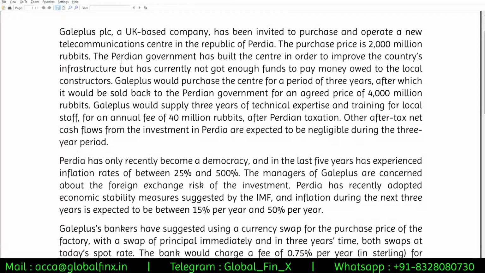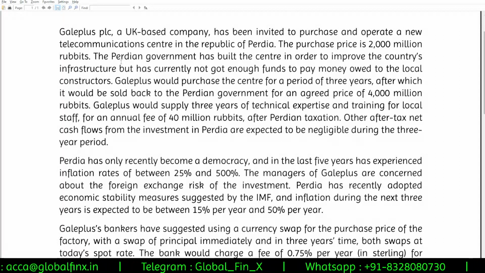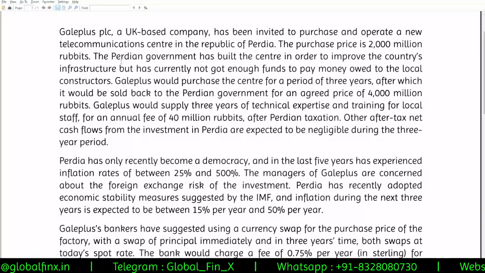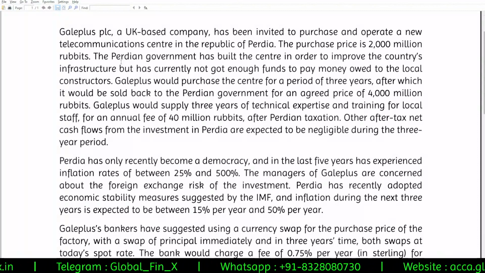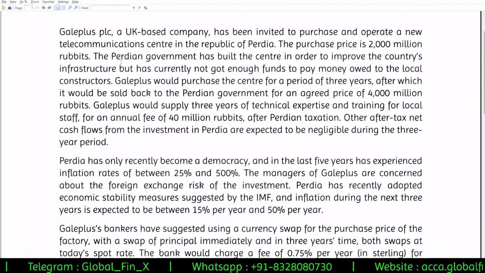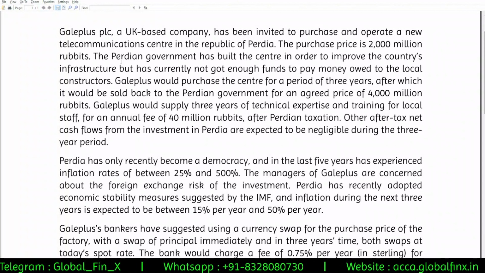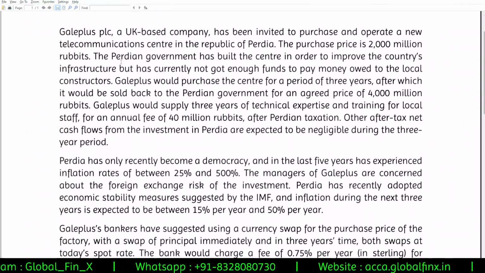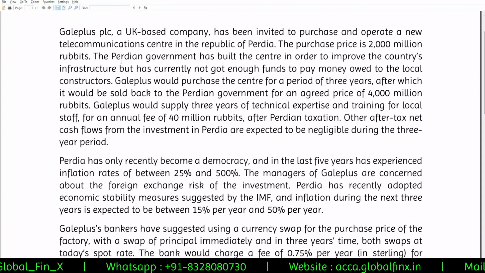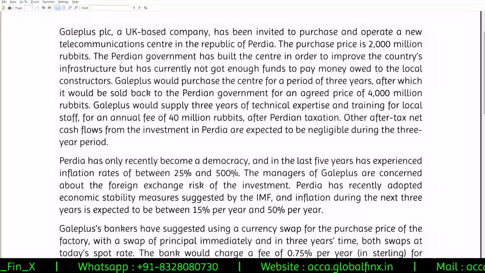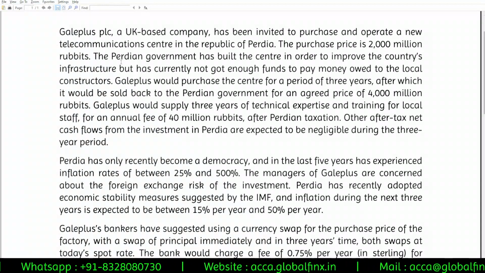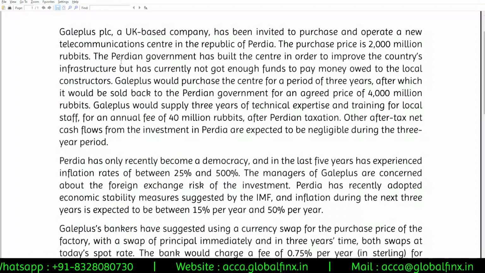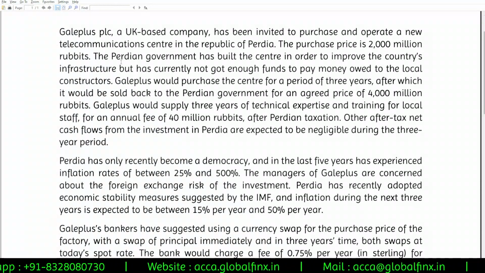So basically there is a communication center. The Perdian government has built that center, but they were unable to run it because of cash flow issues. So they are selling that to Galeplus PLC for a consideration of 2000 million rubits, not pounds, 2000 million rubits. But the agreement states that after 3 years, the Perdian government is going to purchase that communication center back from Galeplus at a consideration of 4000 million rubits.